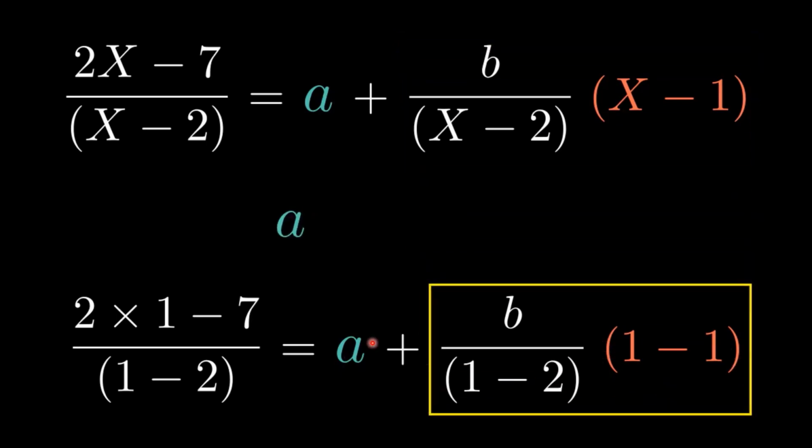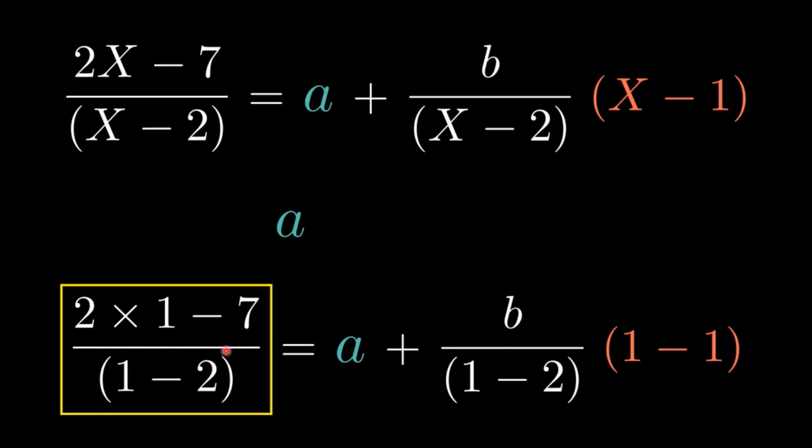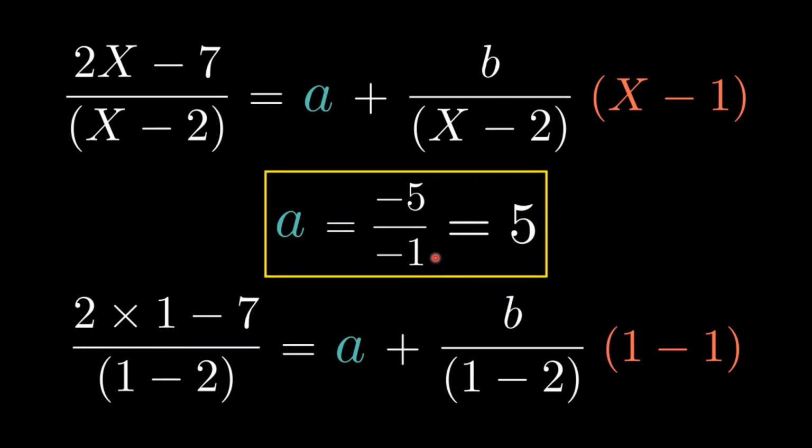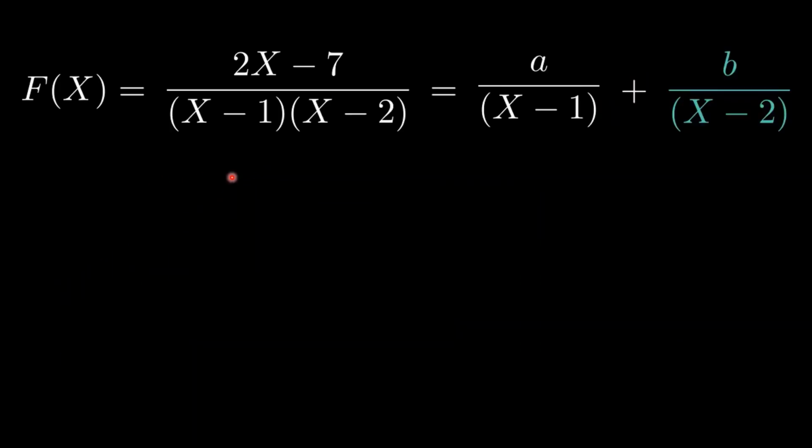So a is equal to this fraction, so 2 minus 7 is minus 5 over minus 1, that gives 5. So a here is 5. Now we focus on the constant b. We will look for b.